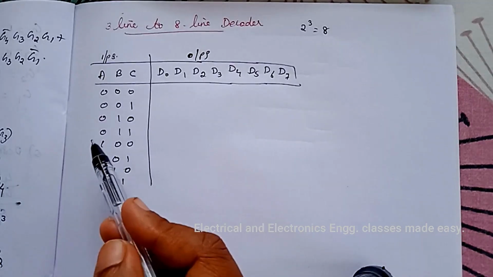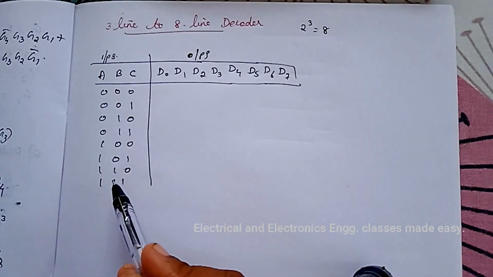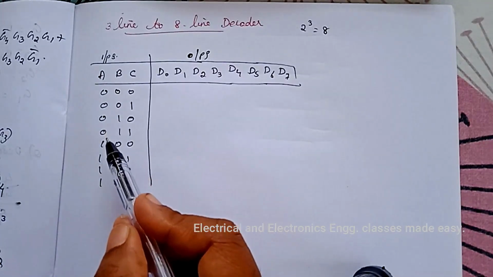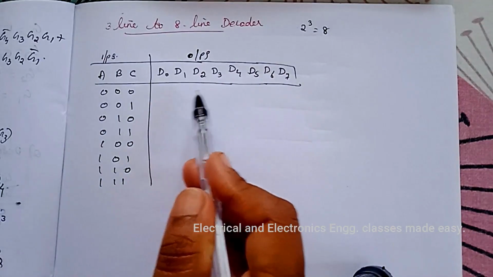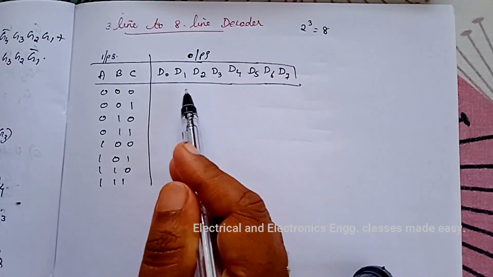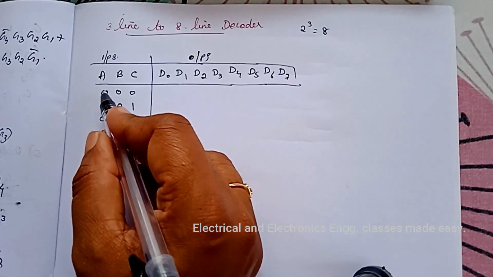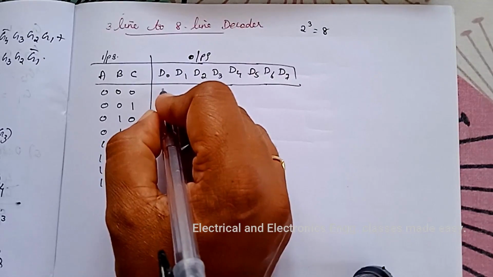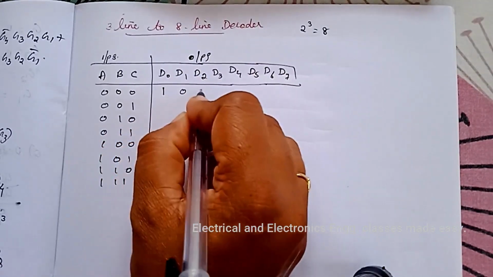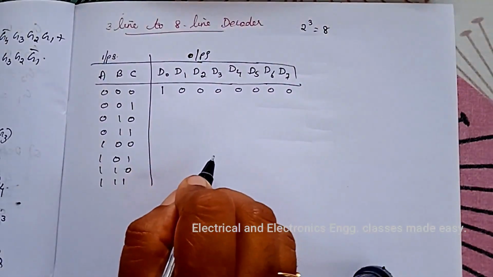For these 8 input combinations, only one of the outputs is high at a time. For 0, 0, 0, D0 will be high and all other outputs will be at active low.